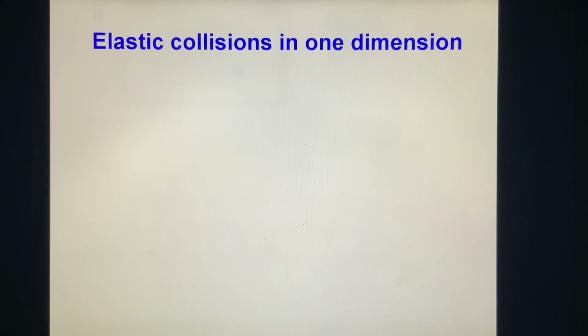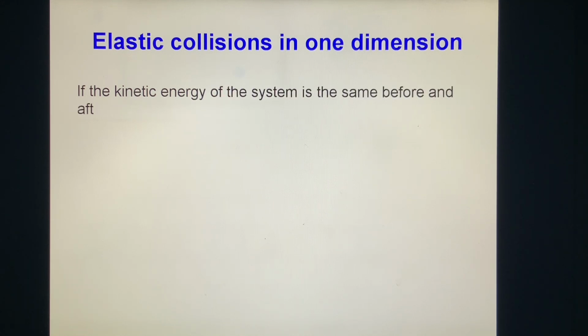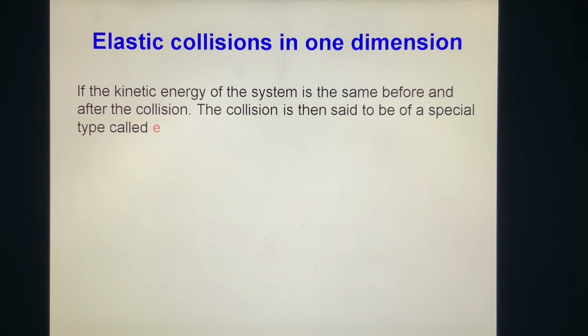Elastic collision in one dimension. If the kinetic energy of the system is the same before and after the collision, it is then said to be a special type called an elastic collision.